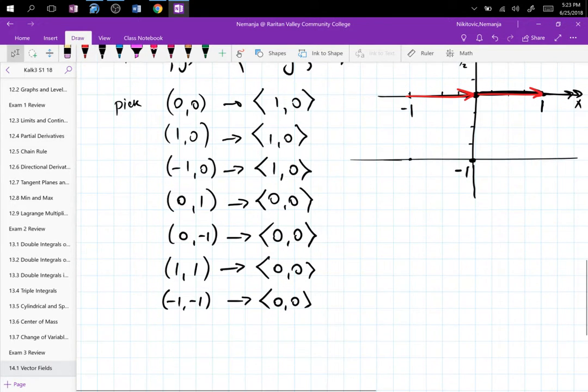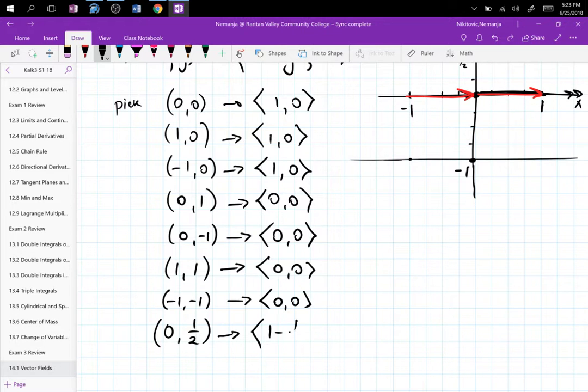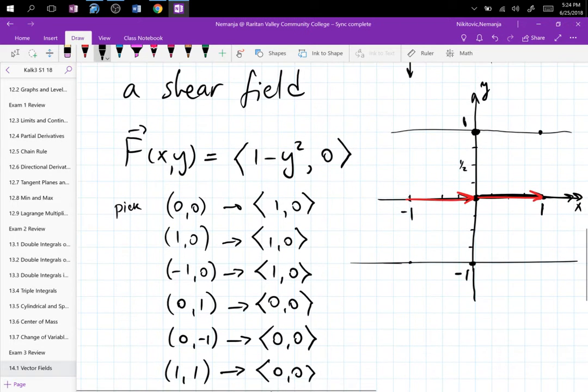So what happens at 0, 1/2? It's going to give me the vector 1 minus 1/2 squared, comma 0, and that vector is 3/4, 0. Fine, I can get that. There we go. That's 3/4, 0.